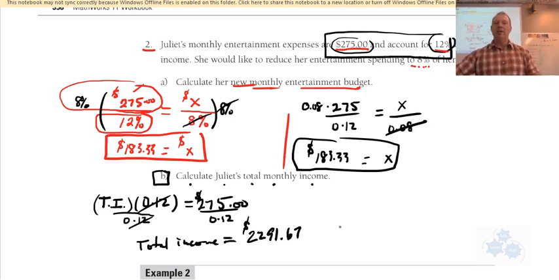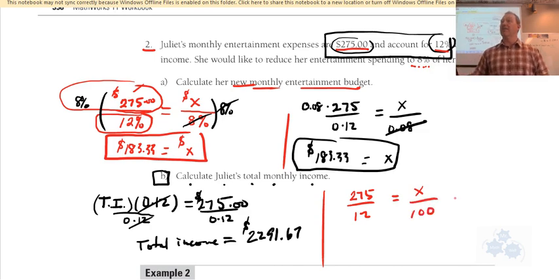Okay. Now another way to do that, because we've been doing things a couple ways. This is how you could think of it. But the other way to do it is this. You could certainly go 275 is 12%. So how much money is 100%? You could do it just like we did the first question. You see? Set up a simple proportion. So when you do that, it's like this: 100 times 275 divided by 12.